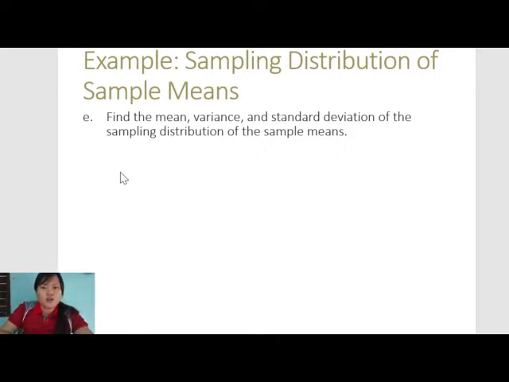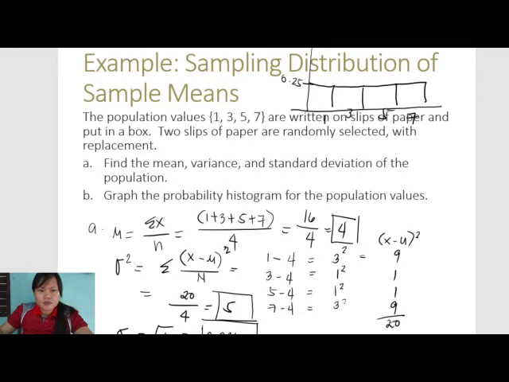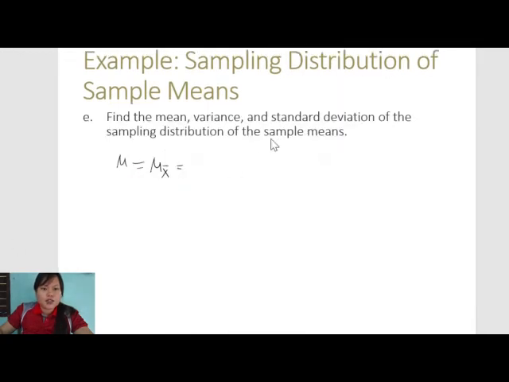Using the properties that we previously discussed, we get the mean. The mean of the sample means is the mean of the population. The mean earlier was 4, so 4 is also what we will use as the mean for the sampling distribution. For the standard deviation, the standard deviation of the sampling distribution is equal to the standard deviation over the square root of n.